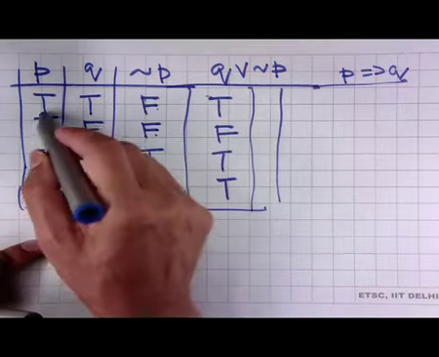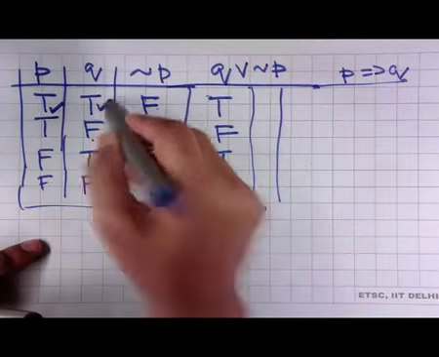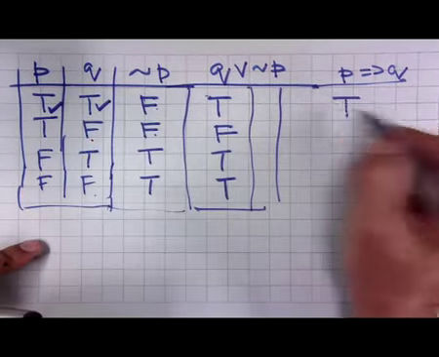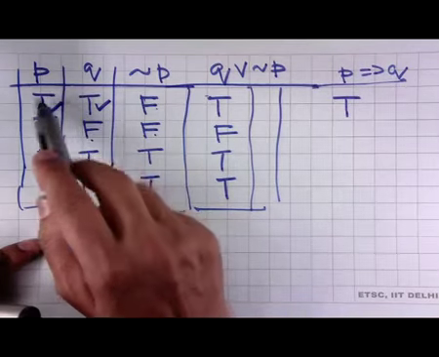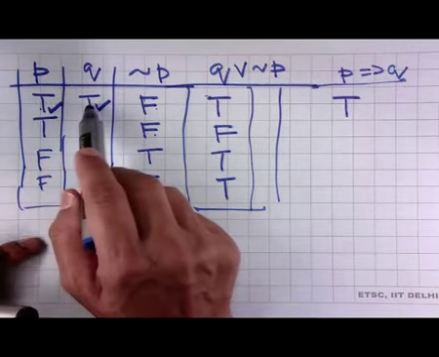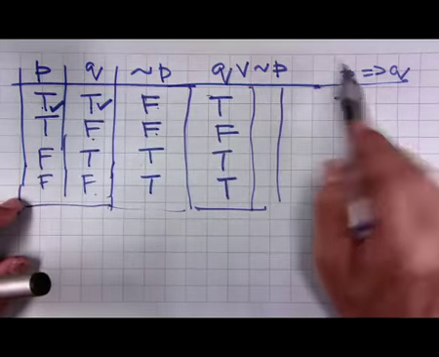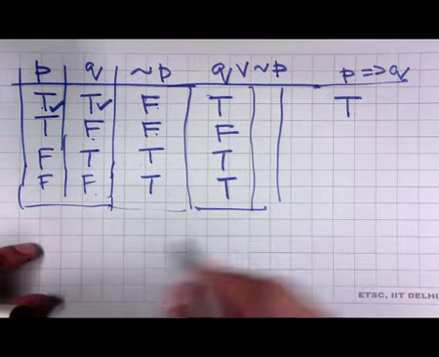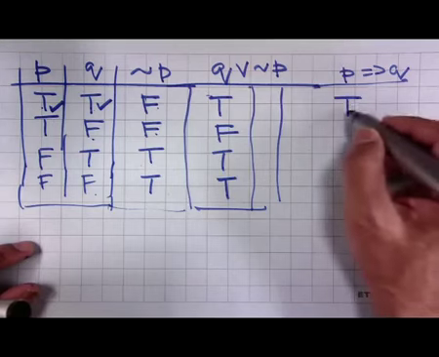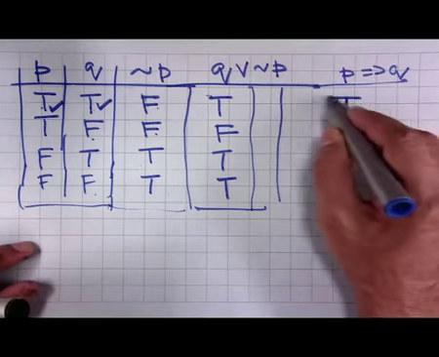If P is true and Q is true, it is true. That means, if the sky is cloudy and I carry an umbrella, then this implication, if sky is cloudy, then I carry an umbrella, there is no way to say that is wrong. This is true.